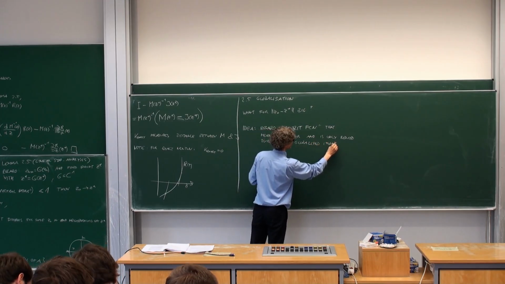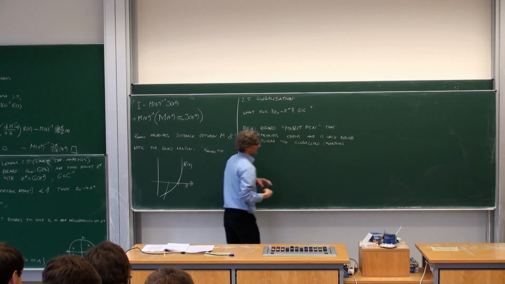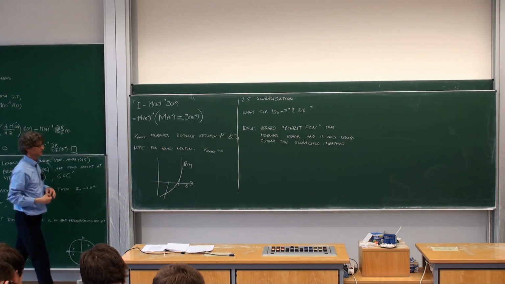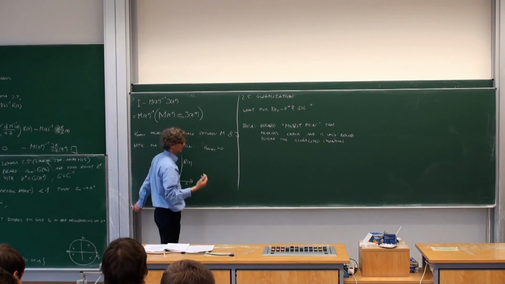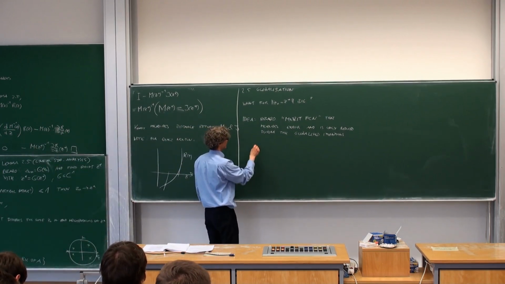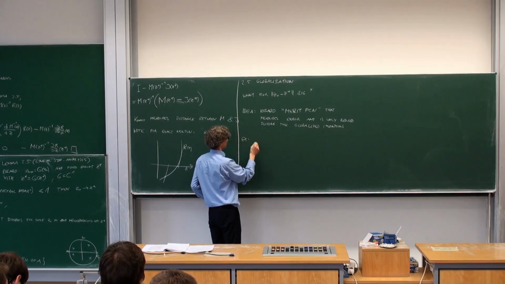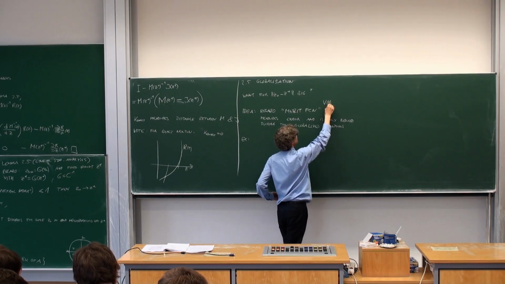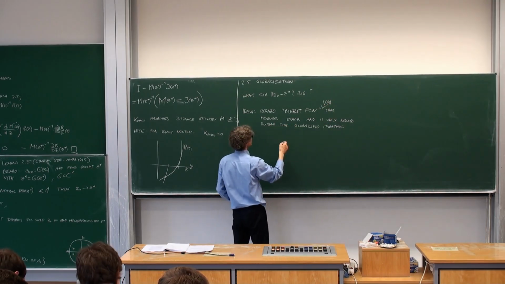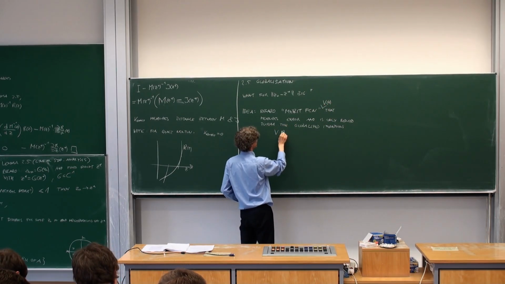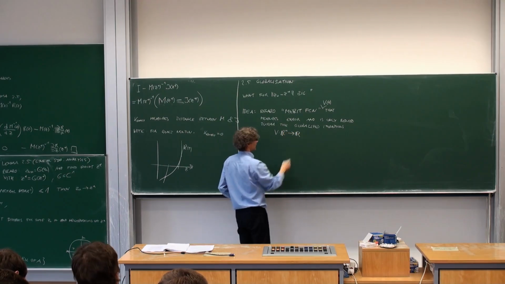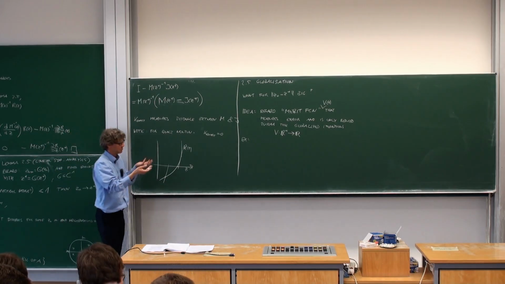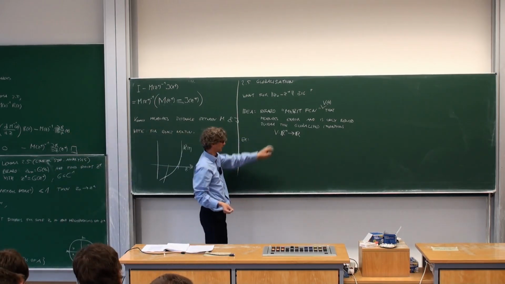I should say that this is, of course, very sloppy. There are many different ways of globalization, but one way that I can explain most easily is an example. This merit function, maybe I should call it V of z. So V of z is a function from R^n to R. This merit function is designed so that if you're at a solution, you somehow have at least a minimum of this merit function.